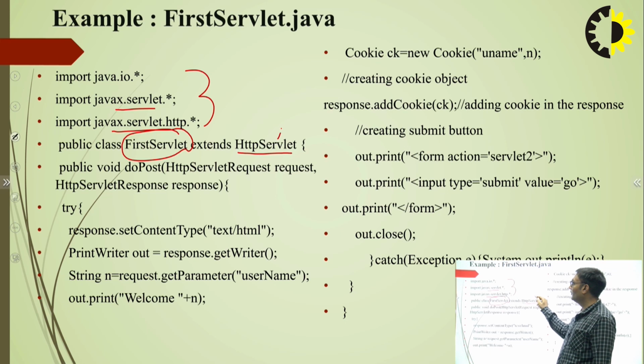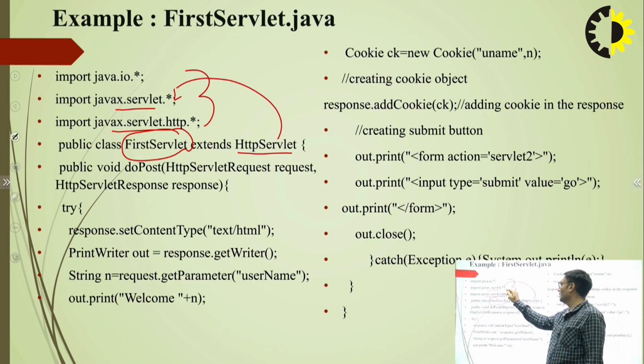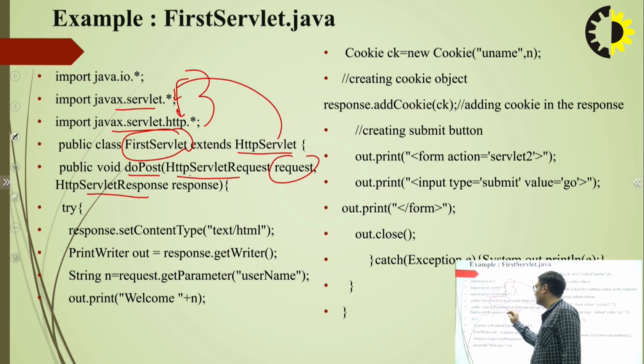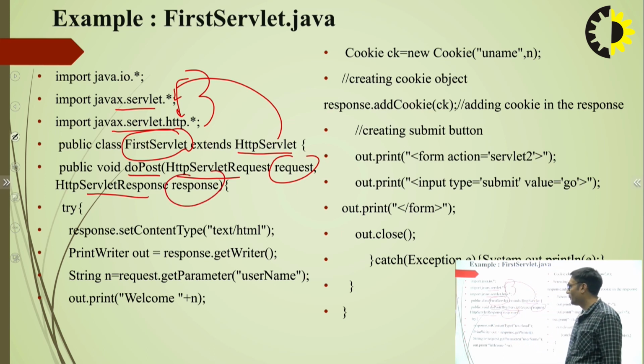This HTTP servlet definition will come from this package. And I'm writing the method doPost. I'm passing the 2 objects, HTTP servlet request object request, and HTTP servlet response object response.